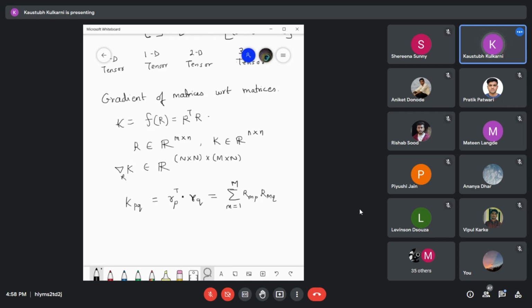These are just two scalar elements, nothing but the dot product. Do you get this point?